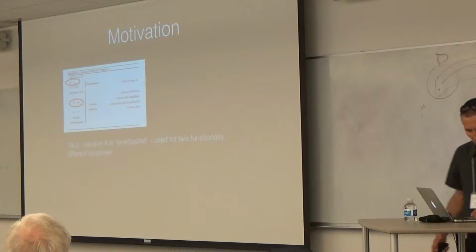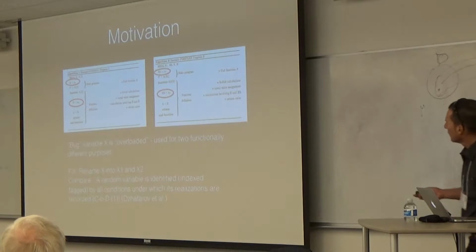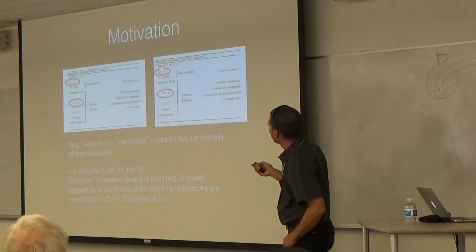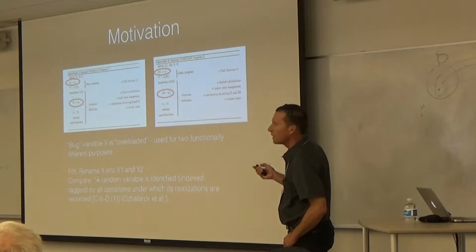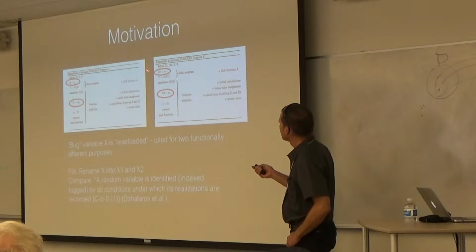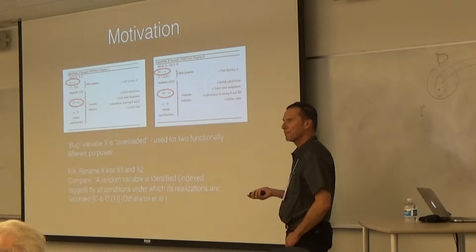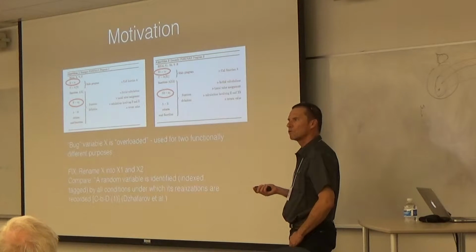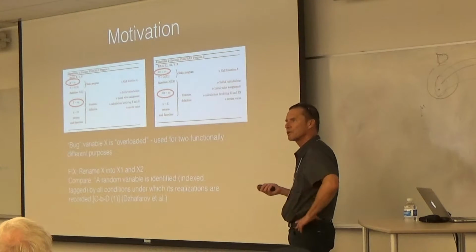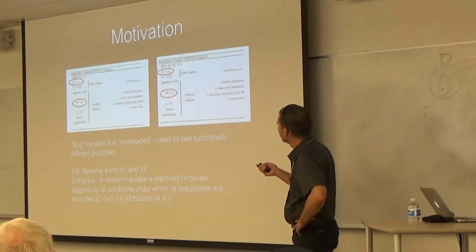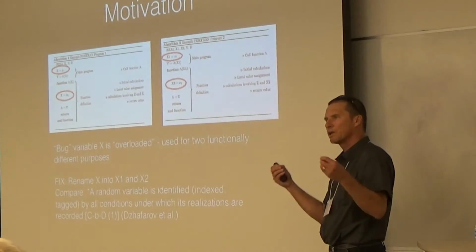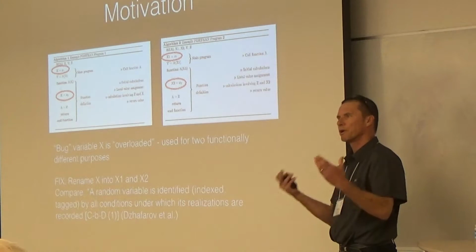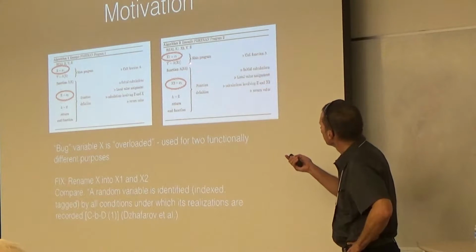Now, there is an easy way to fix that. What you do is you divide the random variable x into two variables, x1 and x2. So x1 is used for its original purpose as an input parameter, and x2 is maybe some local computation being used in the context of the function, so that you split the variable up, and this way you keep the distinct purposes disparate and complete.